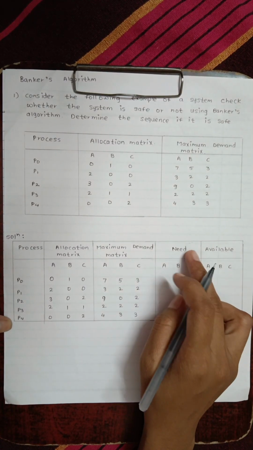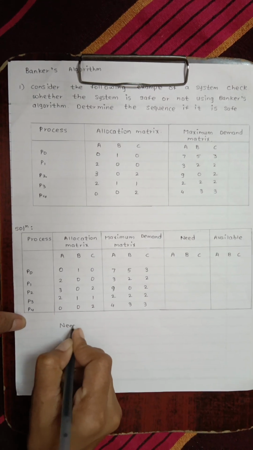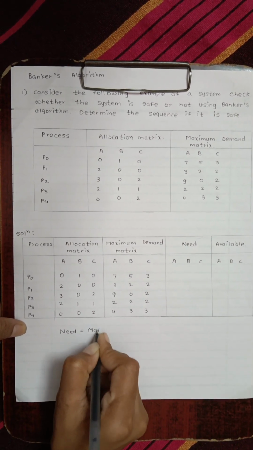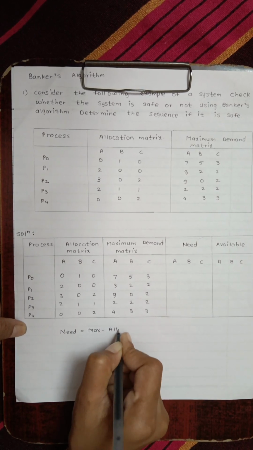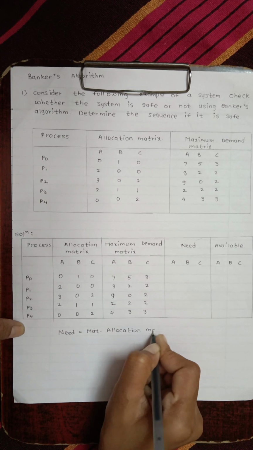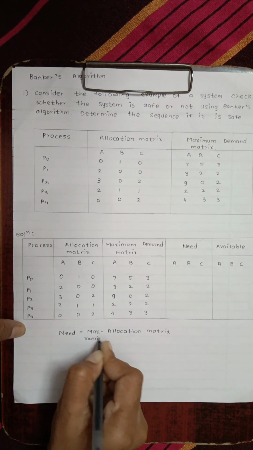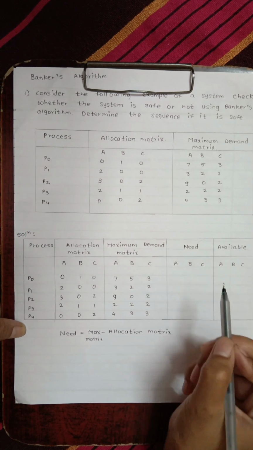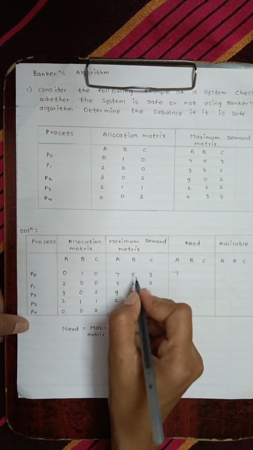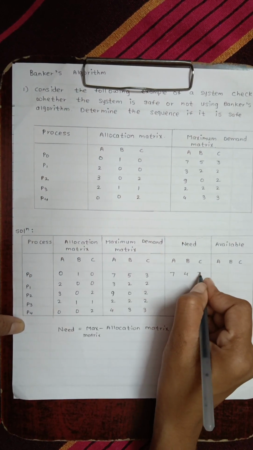For finding the need matrix, we have a formula: need is equal to max matrix minus allocation matrix. So for P0 we can write 7 minus 0, that is 7, 5 minus 1 is 4, 3 minus 0 is 3.